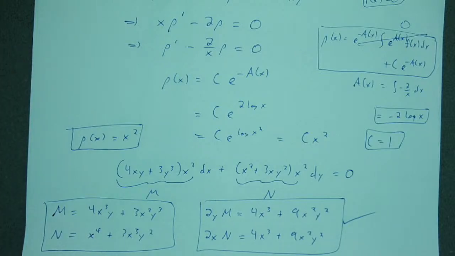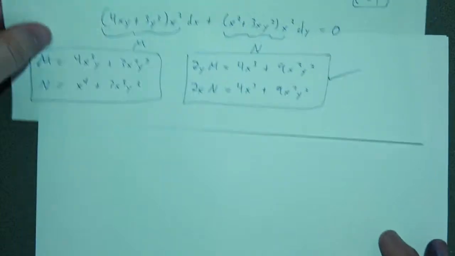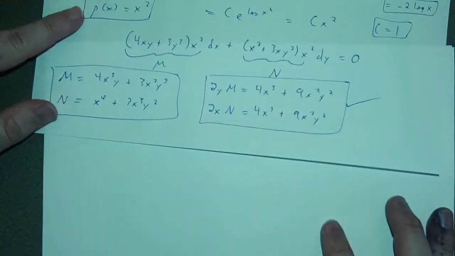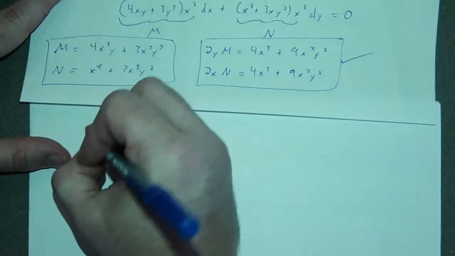So this is in fact exact, and now we can go back to doing the exactness stuff that we were doing before we learned about this integrating factor stuff. Just to remind myself, here are my equations.